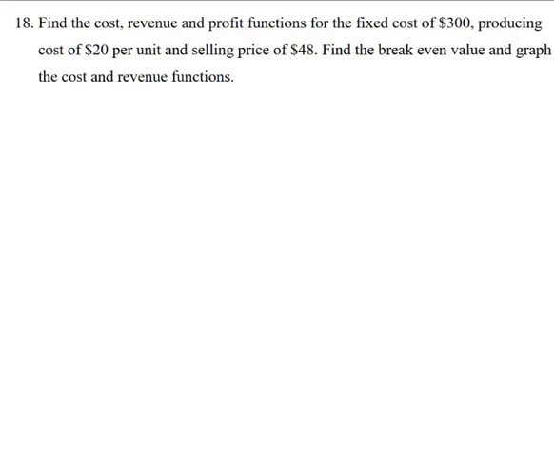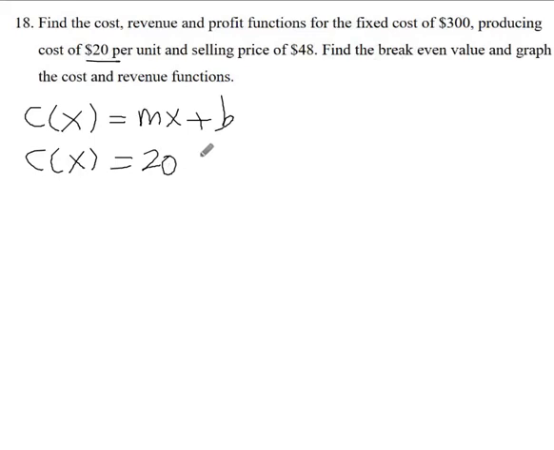So in this case, we're going to find C of x, which is like the mx plus b formula. Each item is $20, so it would be 20x plus, and the fixed number is 300. So this would be the equation for C of x.